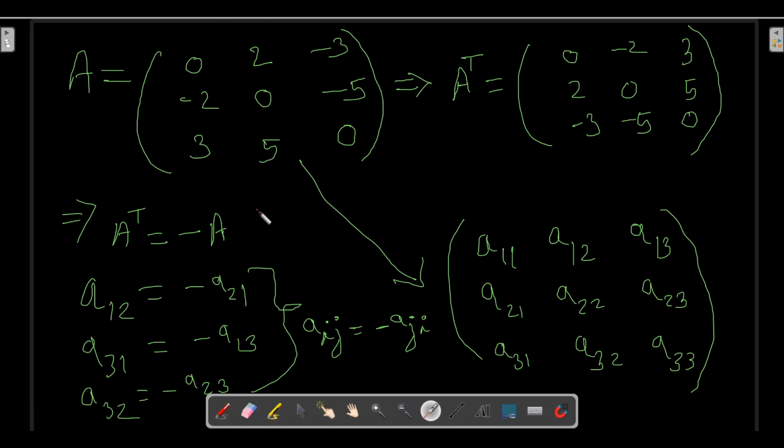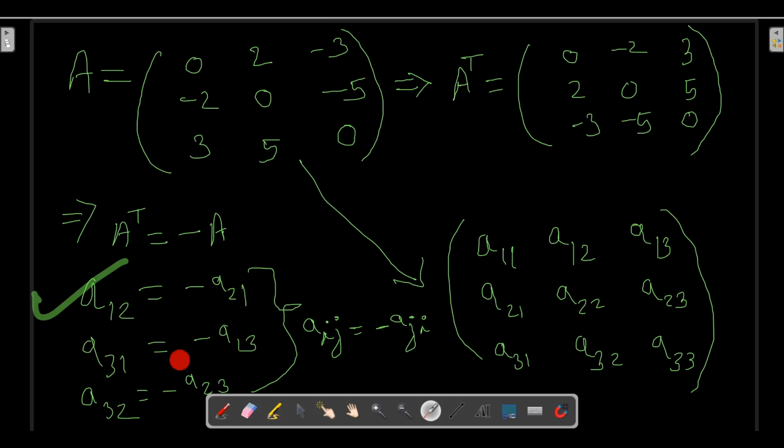Now have a look. A12 is 2, A21 is minus 2, so A12 is equal to minus A21. This condition is satisfied. Now A31 is 3 and A13 is minus 3, so A31 is equal to minus A13.